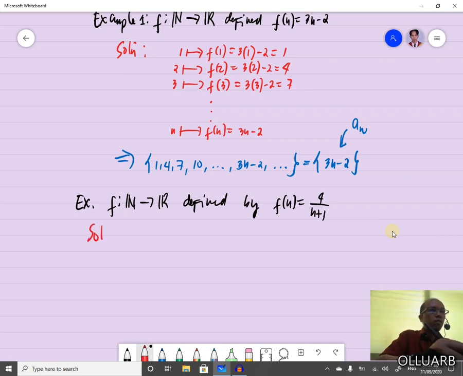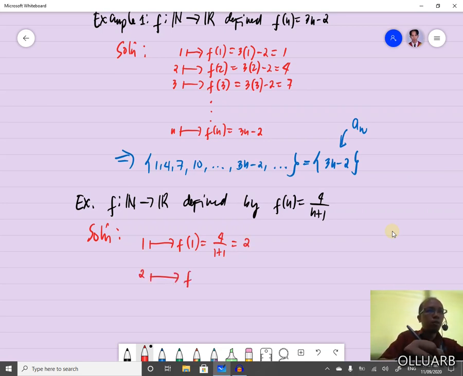So let's have a solution here. n equal to 1 is mapped to f of 1, which is 4 over 1 plus 1, which is 2.